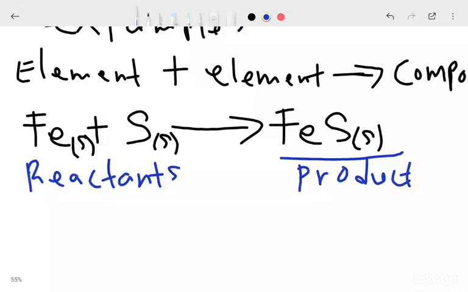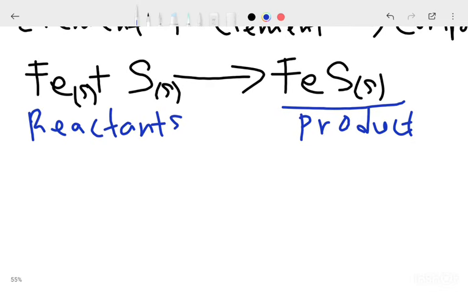So they are the reactants. While the one on the right side is the product, which is the compound, the new substance being formed. And it's not only elements that can react. Compounds too can react to form bigger compounds.